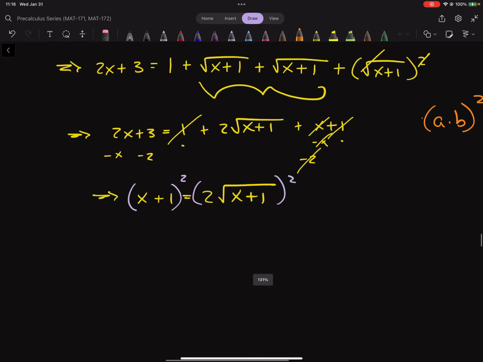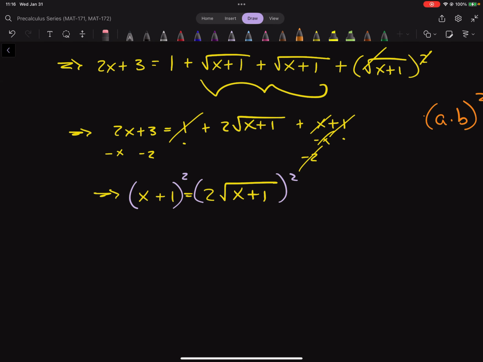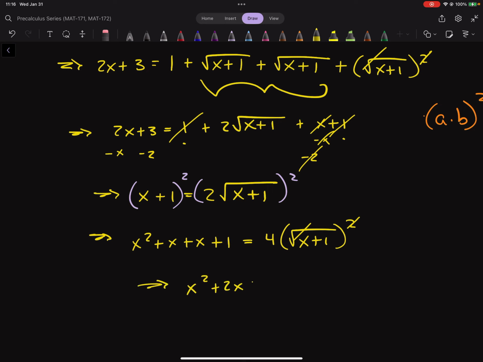All right, so coming on down, x plus 1 squared equals 4 times the square root of x plus 1 squared. These cancel. So I end up with x squared plus 2x plus 1 equals 4 times x plus 1.